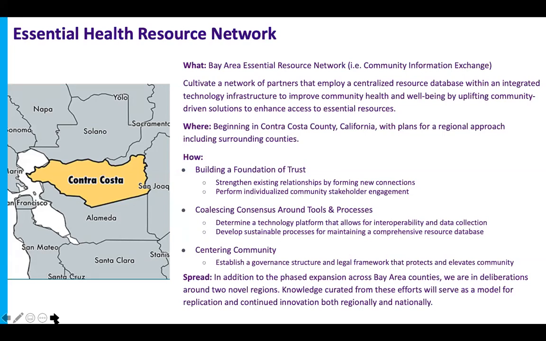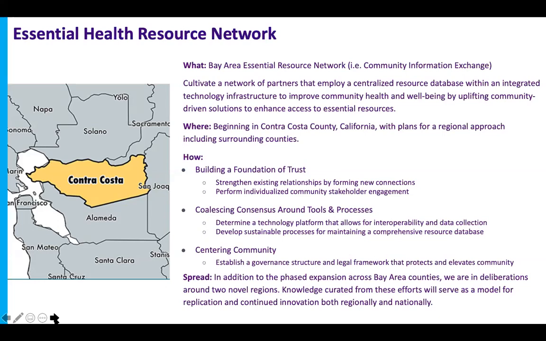It was using their existing platform to provide information around resources in real time for the people in Contra Costa County. And what we're seeing is that not only did we need to talk about providing the information, it was really facilitating discussions and creating the processes to enhance connection to these resources.